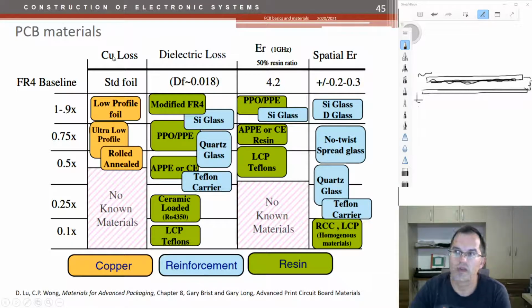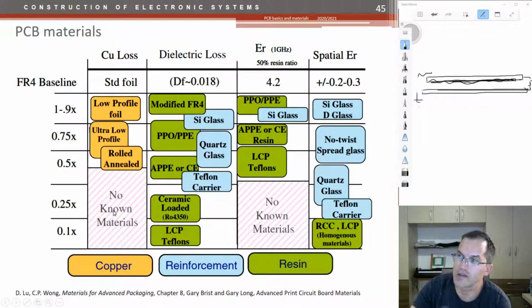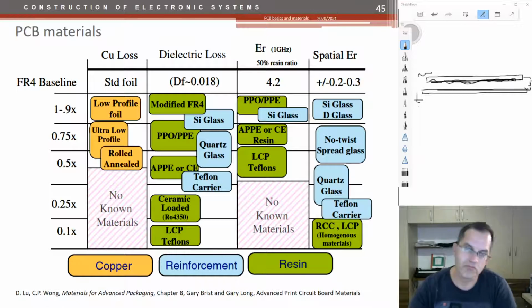If you want to have lower copper losses, you have to go to rolled annealed copper, and therefore the price goes much higher. Such materials would cost maybe 10 or even more times the normal FR4.